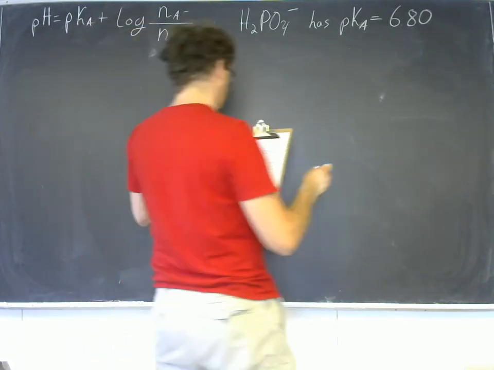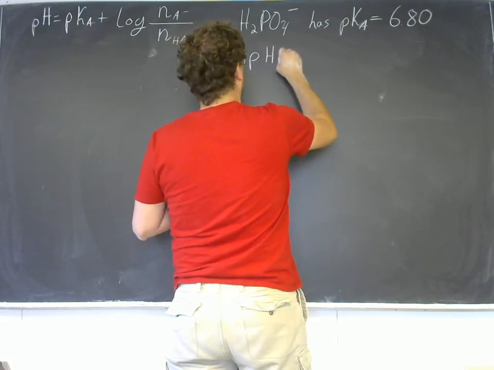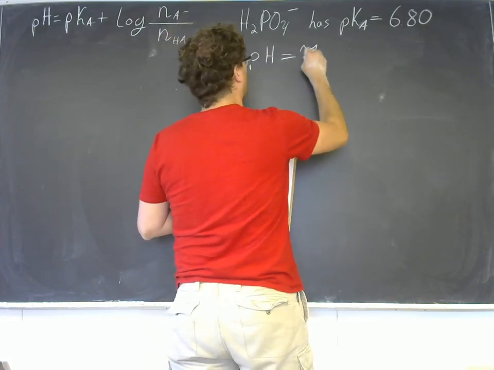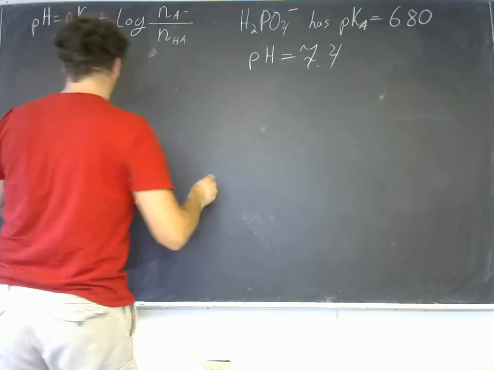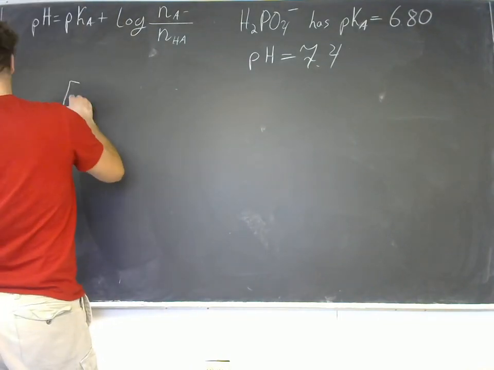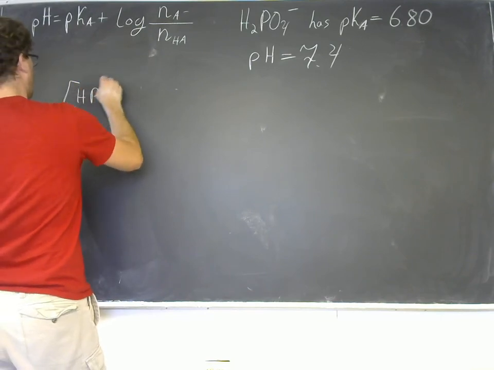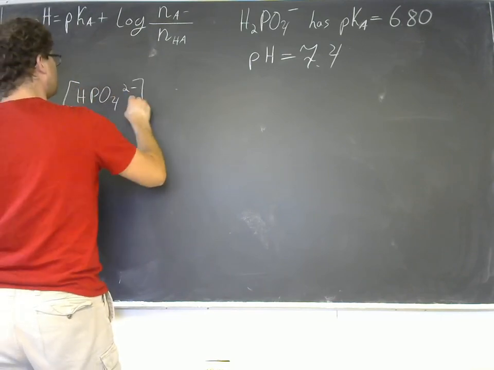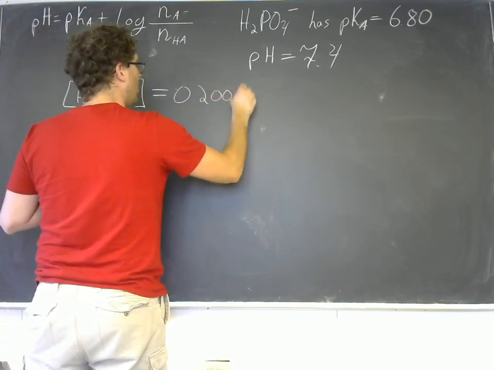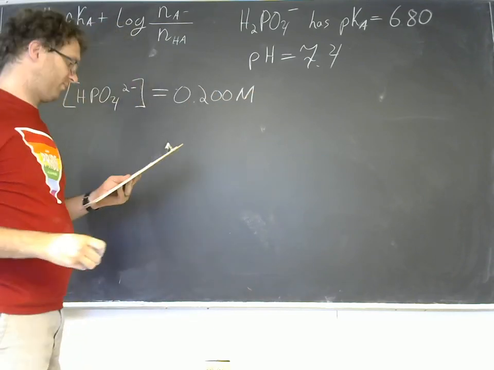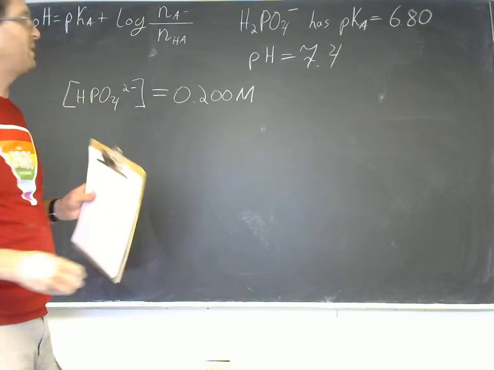And blood has a pH of 7.4. Our blood is slightly alkaline. And so if we have a concentration of HPO4 2 minus in our blood equal to about 0.200 molar, then can we find the concentration of H2PO4 minus?